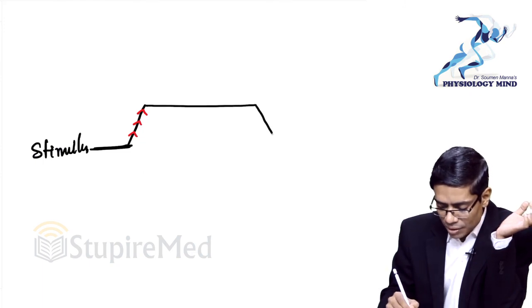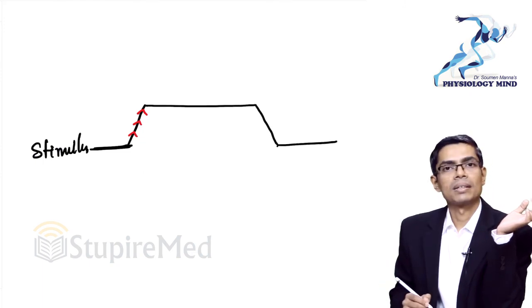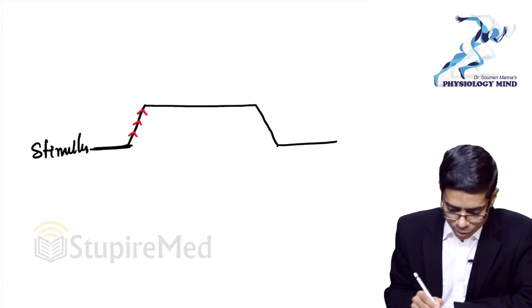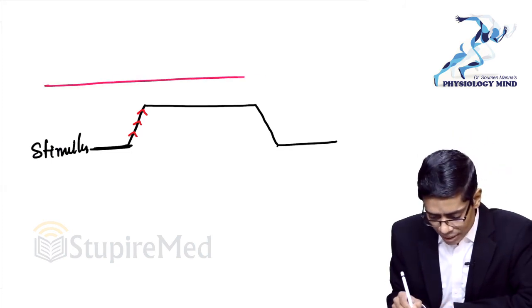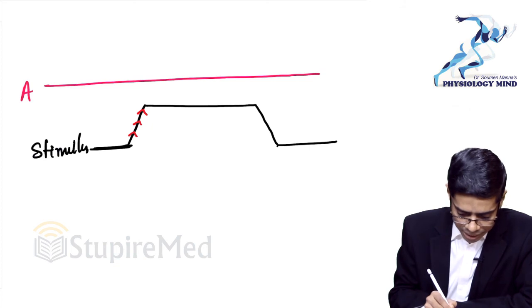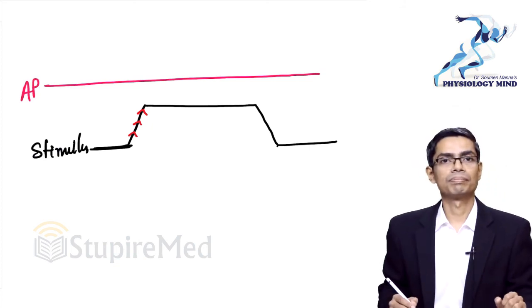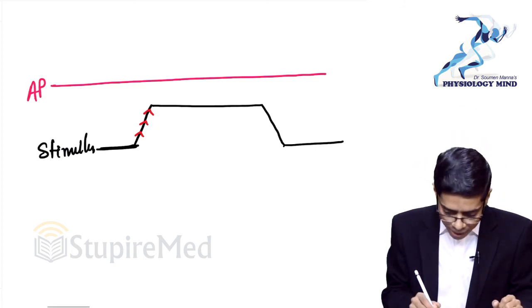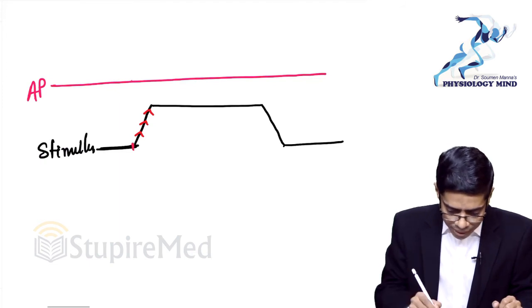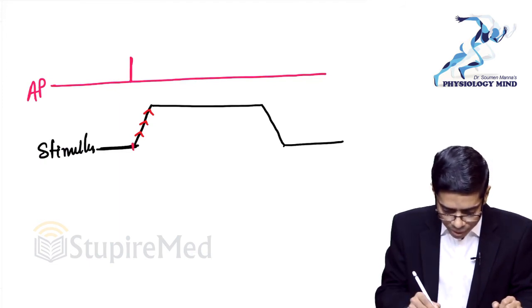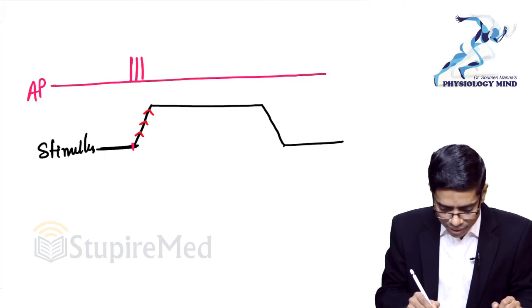Again I am decreasing the strength of stimulus. Simultaneously I am also recording the action potential from the neuron. Whenever you start the stimulation from here, action potentials start appearing. This single line means an action potential.